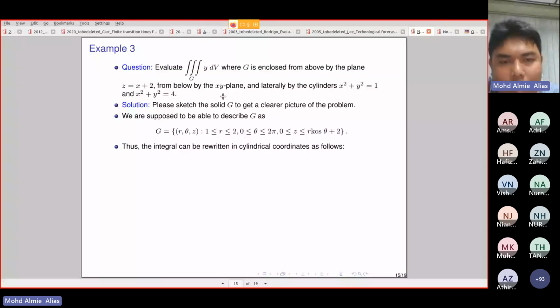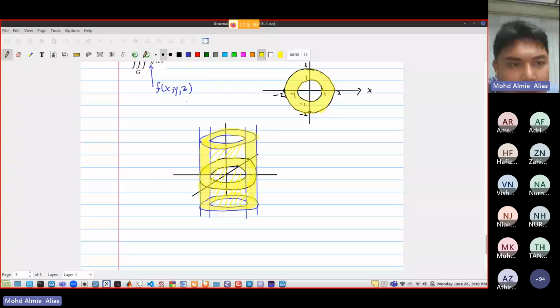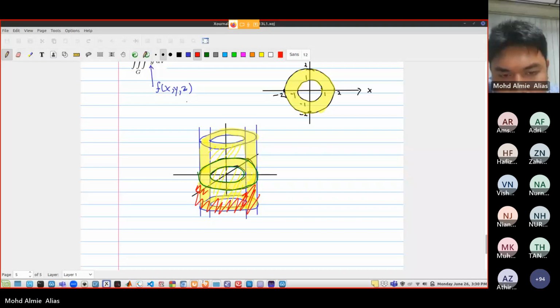Now you are lucky, because you will consider from this. So this will be your base, and all these other things will be ignored, because you start from here going up.